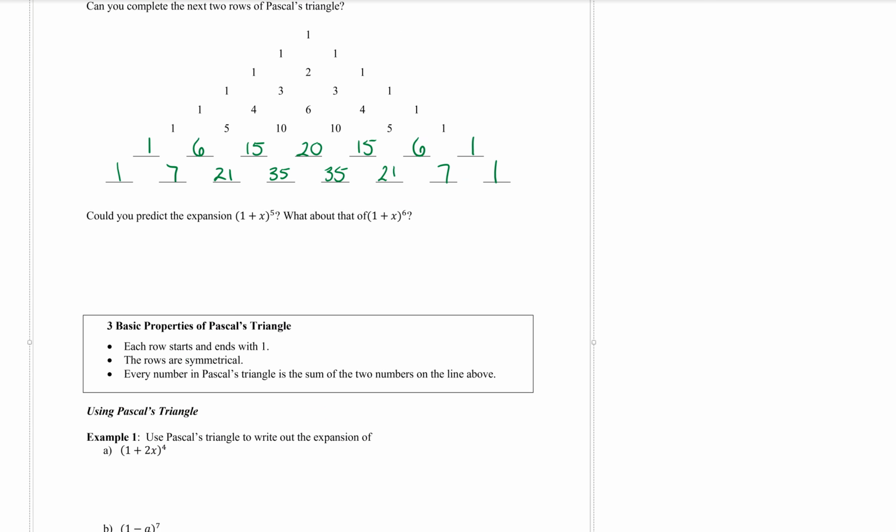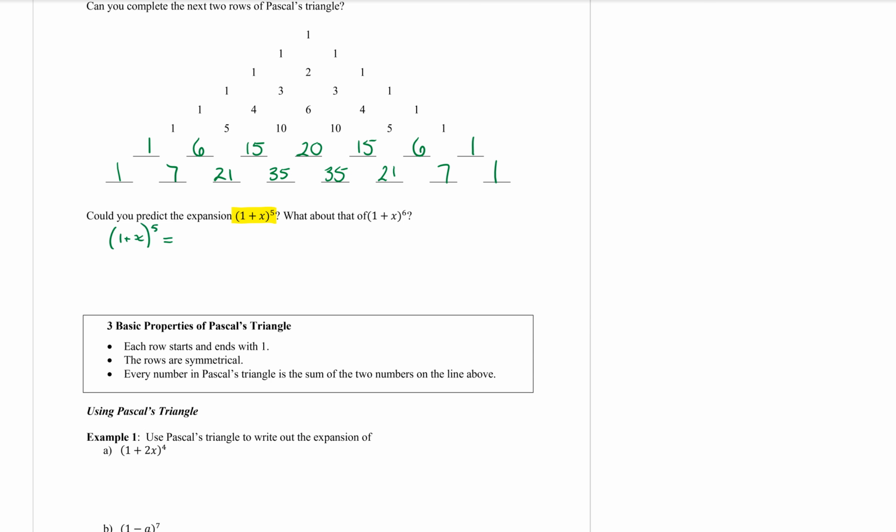Right, once you've got that triangle, we can use that to expand anything in that form, 1 plus x to some power. So let's see if we can predict 1 plus x to the power of 5. Okay, so let's start under here. 1 plus x to the power of 5.